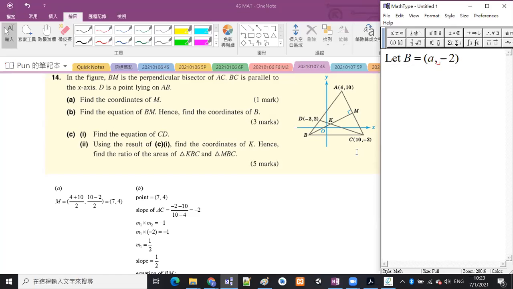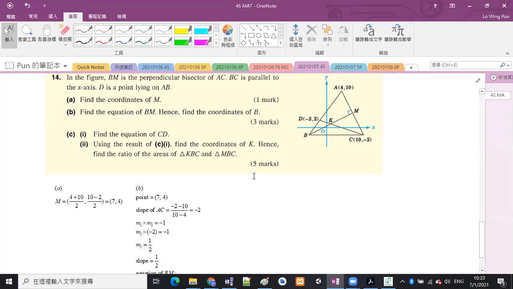Okay, and what we need to find is the x coordinate. But point B is lying on the straight line BM, so we can put the coordinates of B into the equation of BM. So put (A, -2) into BM.